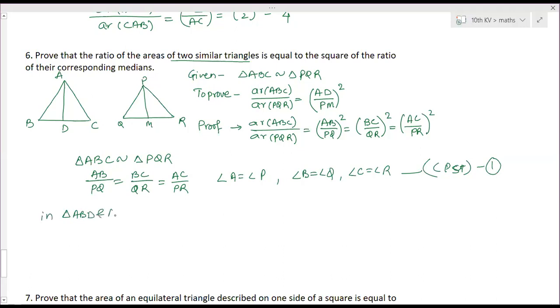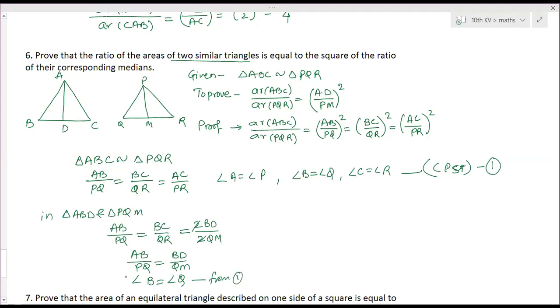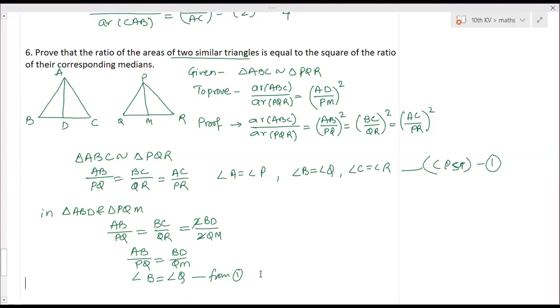In triangle ABD and triangle PQM, AB by PQ is equal to BC by QR we have. So in place of BC, we can write 2BD by 2QM. So this gets cancelled. So AB by PQ is equal to BD by QM, and angle B is equal to angle Q. This is from 1, and therefore the two triangles are similar by SAS.